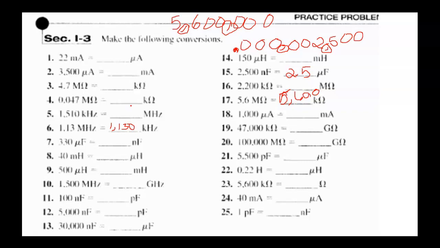It would be 1 milliamp. Yep. So once you take the decimal from behind it, you don't look at the zeros no more behind it. You don't need them anymore.